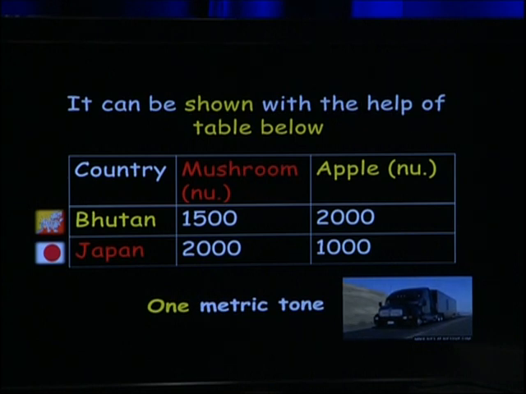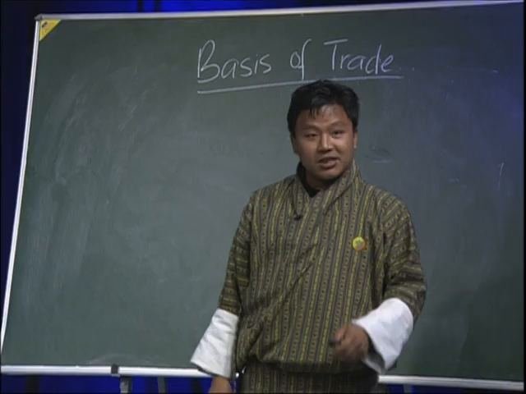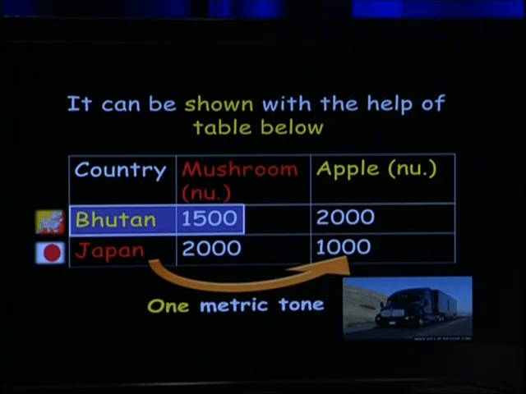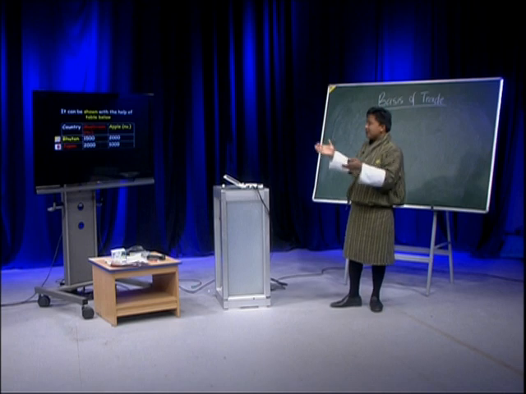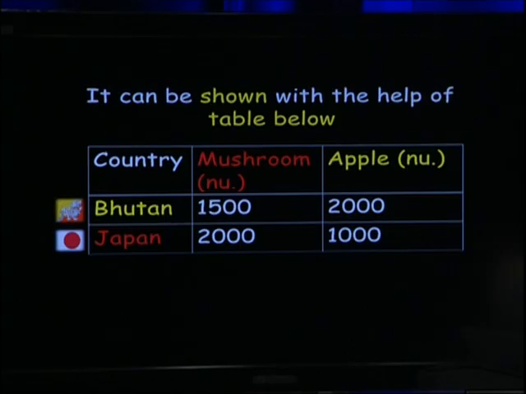Through this table, we can analyze that Bhutan has absolute cost advantage in producing mushroom, and Japan has absolute cost advantage in producing apple. Now my next question is, why? The reason is, according to this table, Bhutan has absolute advantage in producing mushroom and Japan has absolute advantage in producing apple.